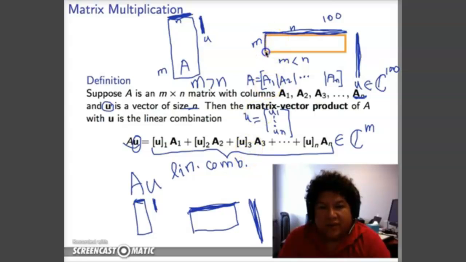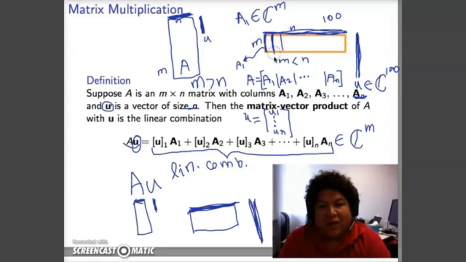So remember, if this is the matrix A, here is column 1, here is column 2, here is column 3, and so on. Each of these columns, that is A sub 1, for example, is a vector in C^m. You know that there are m entries in that column, right? Well, that means that vector is a vector in C^m.